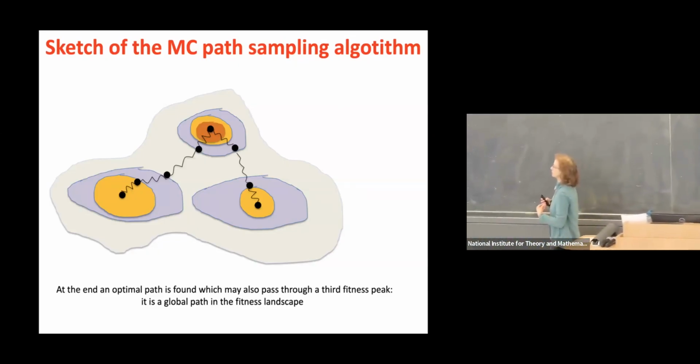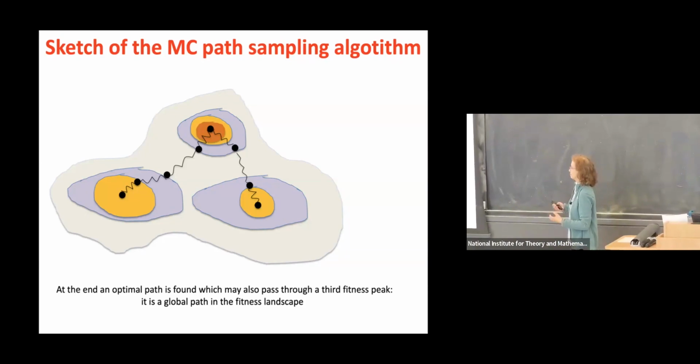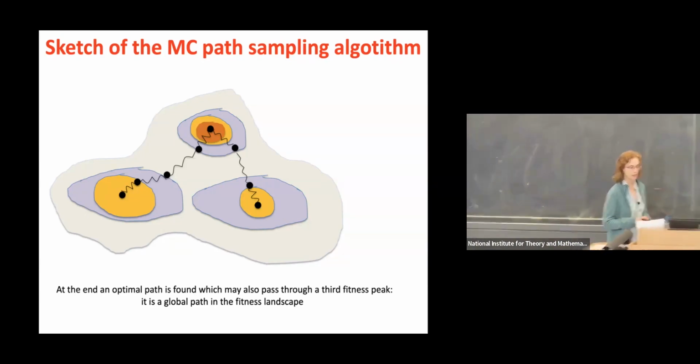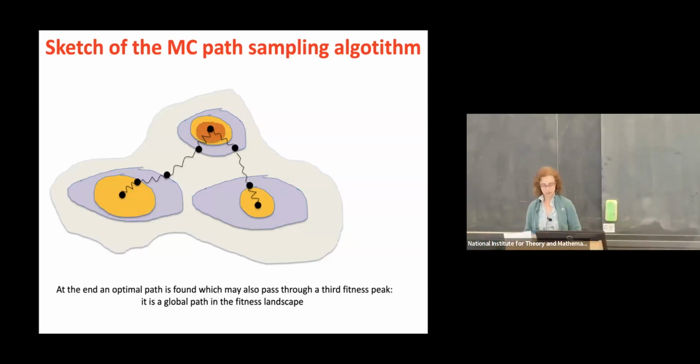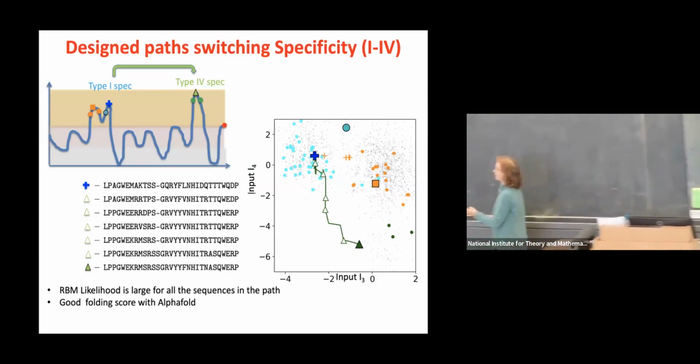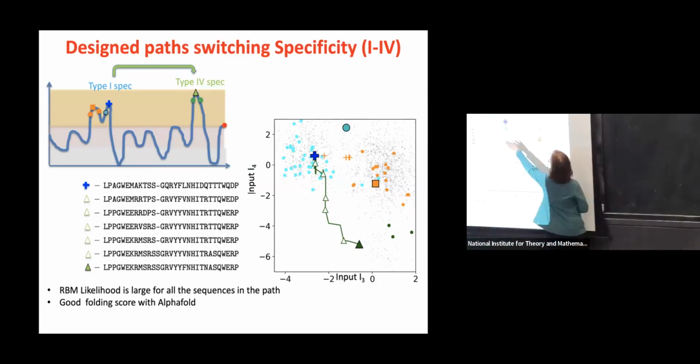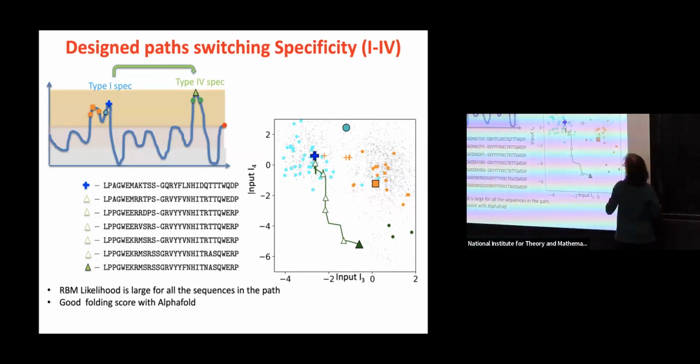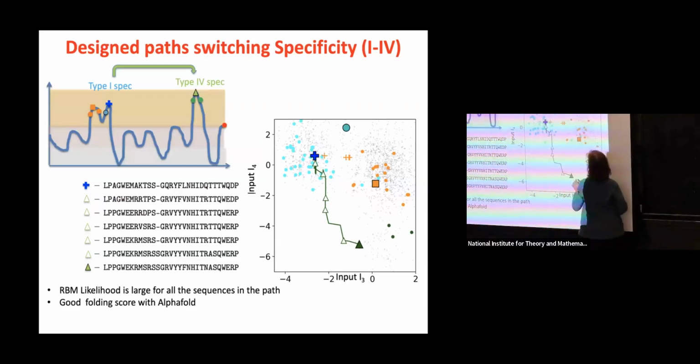So it's not a direct path, it can also be a non-direct path. Okay? Just to show you, this was interesting. We designed several paths from type 1 to type 1, type 2, type 3, and type 4.